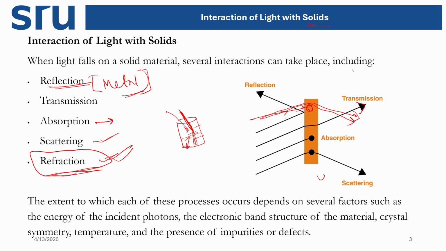Right, so it means that light travels with different velocity or speed in different media, and when we observe this property, we call it the refraction property.